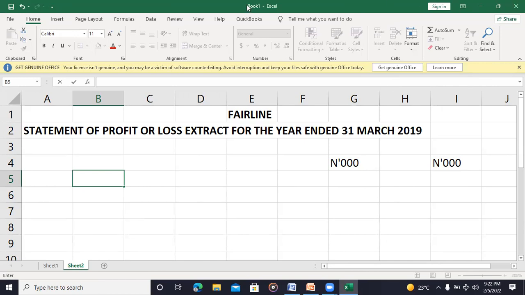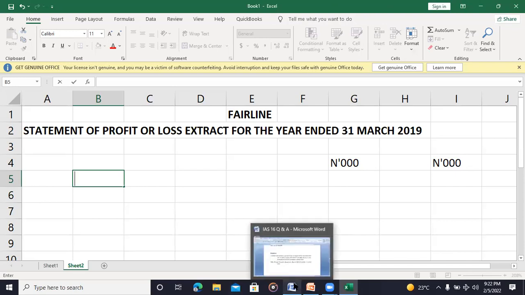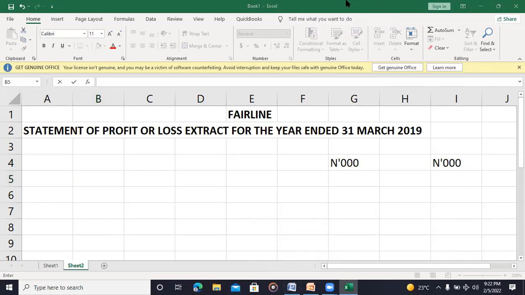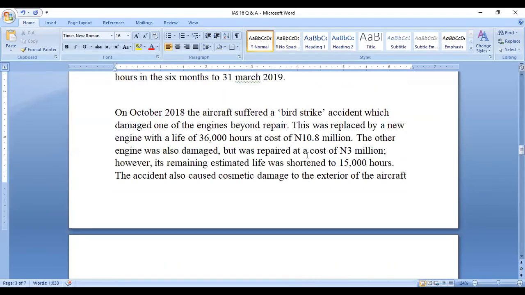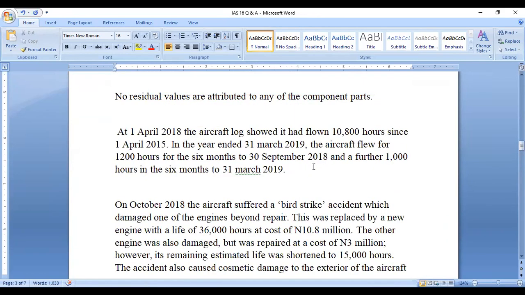All right, let's go back to our question. At 1st April 2018, the aircraft log showed that it had flown 10,800 hours since 1st April 2015.